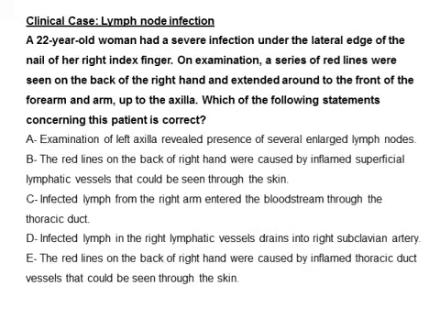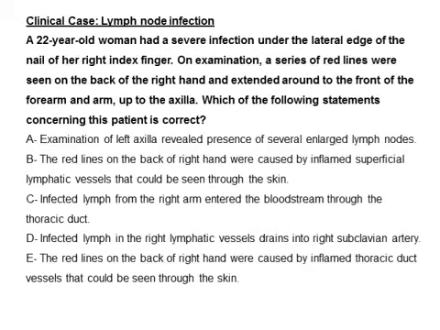And pay attention to what I'm saying, right index finger. On examination, a series of red lines were seen on the back of the right hand and extended around to the front of the forearm and arm up to the axilla. Which of the following statements concerning this patient is correct?